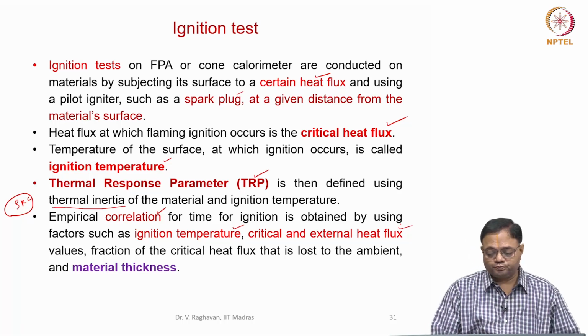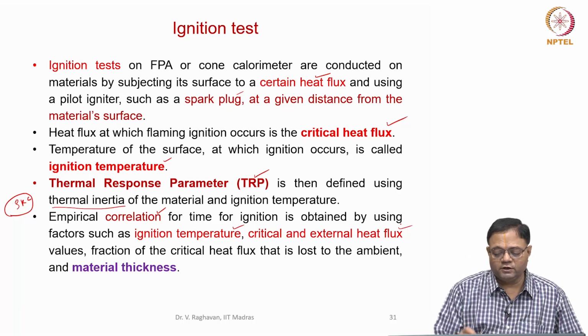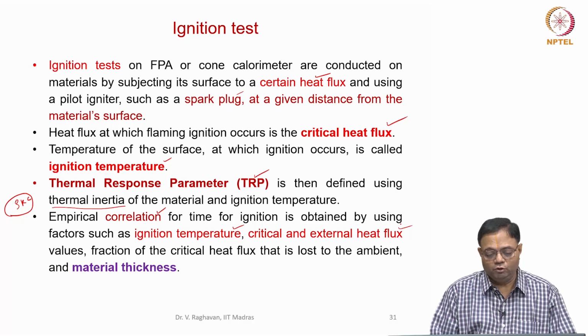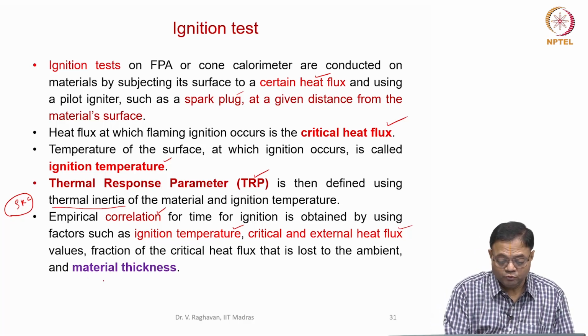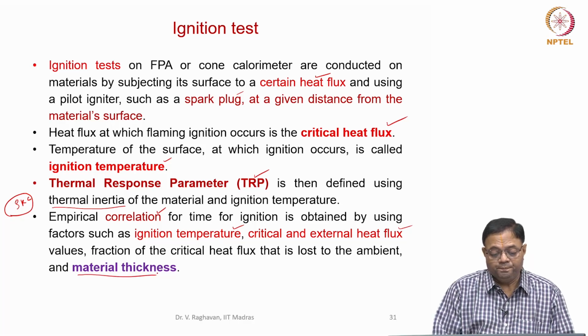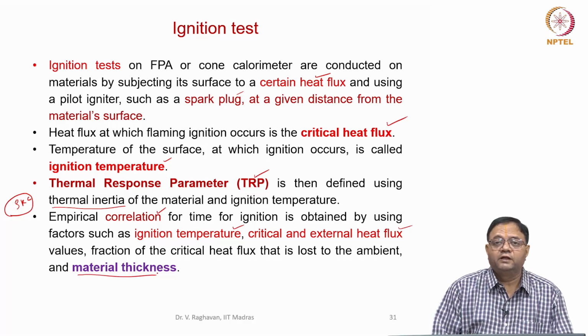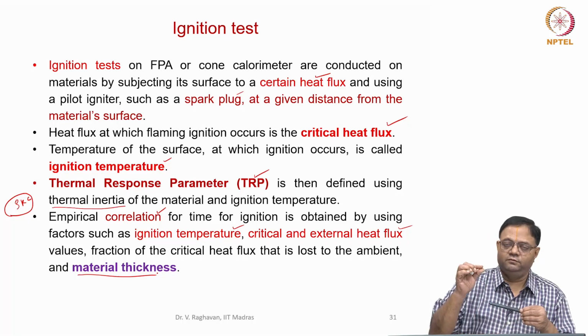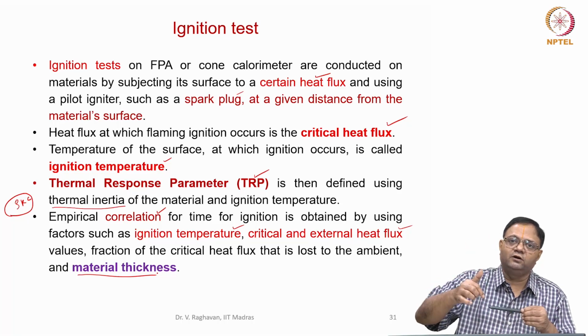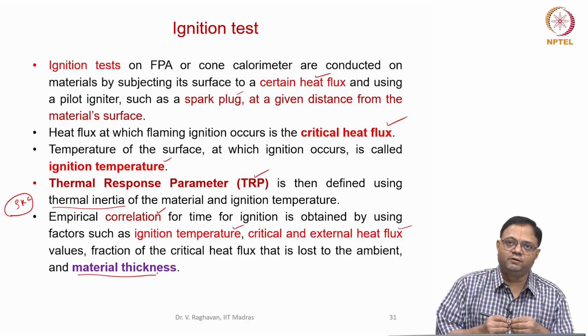So, the correlation is very important. We can do it for several materials, and the thickness of the material plays an important role. If the material is very thin, then the heat conduction within the material can be neglected.